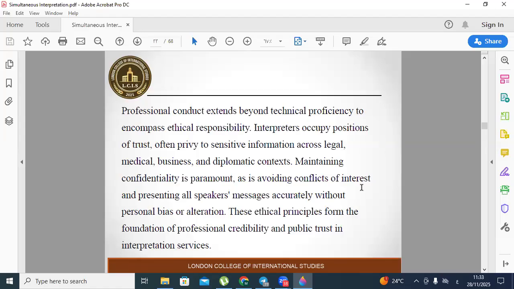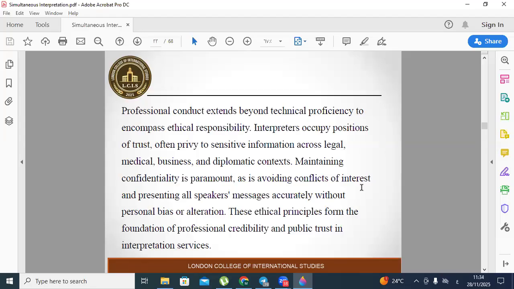Interpreters occupy positions of trust, often privy to sensitive information across legal, medical, business, and diplomatic contexts. Maintaining confidentiality is paramount, as is avoiding conflicts of interest and presenting all speakers' messages accurately without personal bias or alteration.